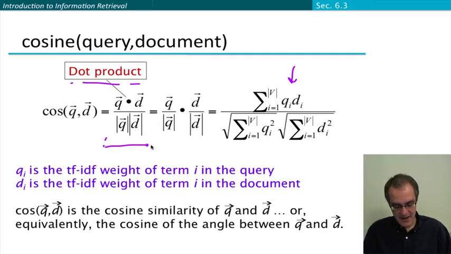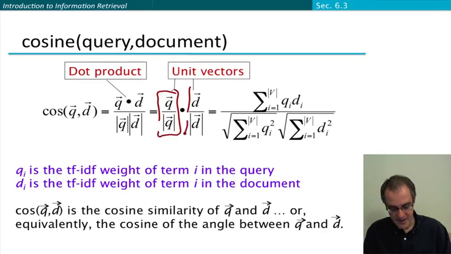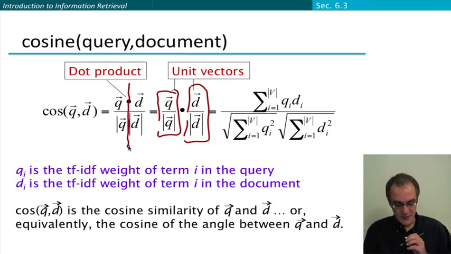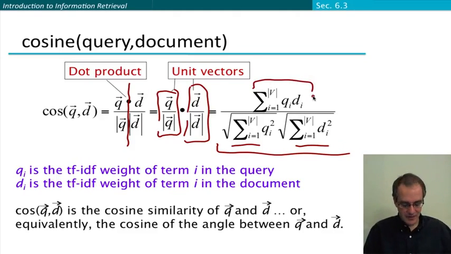What it's equivalent to is taking each vector, length normalizing it, and then taking the dot product, because you can factor these two parts apart as you wish. Written out in full, we have the length normalizations on the bottom and the summed dot product on the top.